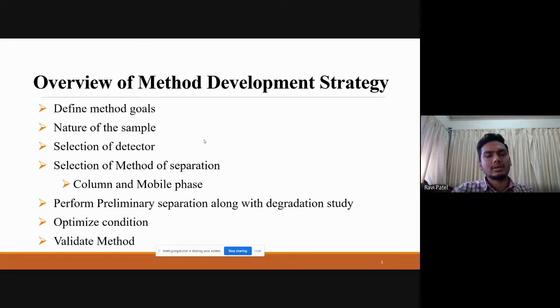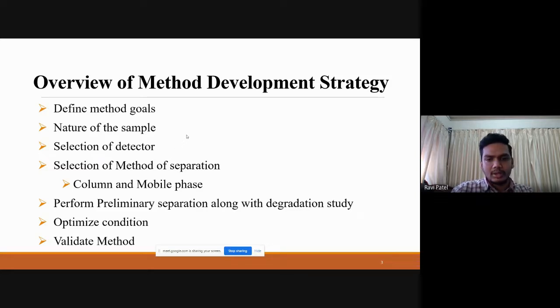If my compound is having organic acids, then generally we prefer normal phase HPLC. So according to our nature, we select a mode of separation. In that we select a column and mobile phase, because if we are using a non-polar column, then it is known as reverse phase HPLC. If we are using a polar column, then it is known as normal phase HPLC.